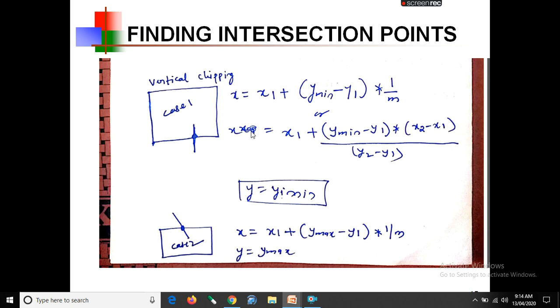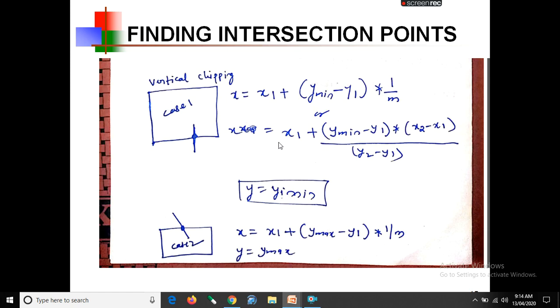Here I need to calculate the new coordinate position of the bottom intersection point only with respect to the x-axis, but there is no change with respect to the y value. So y is equal to y minimum. This is how to calculate the bottom intersection point.